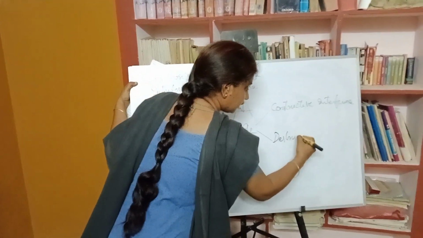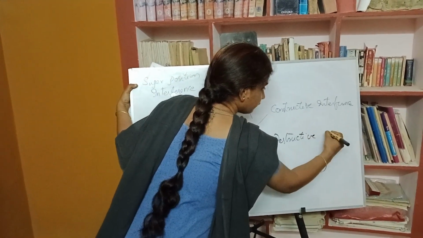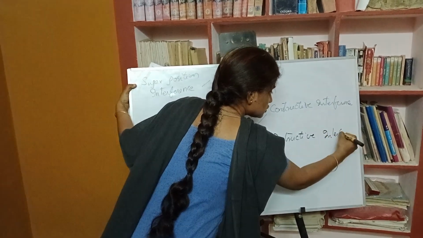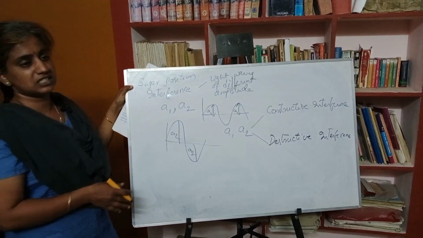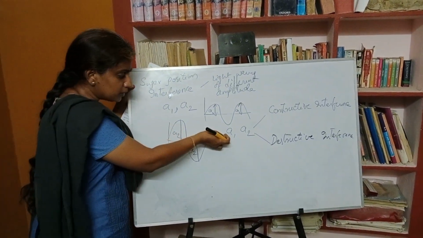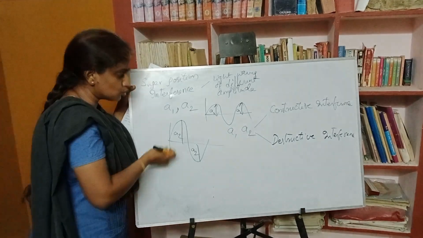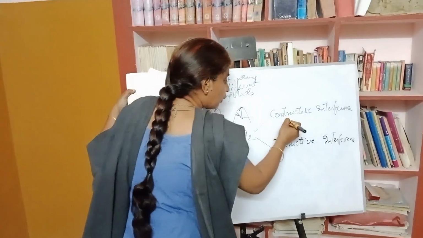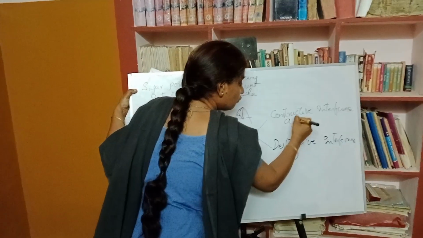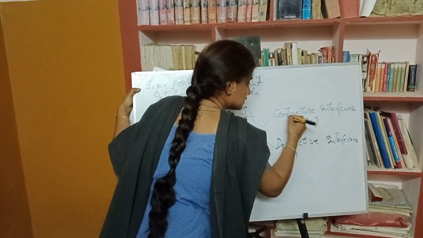So constructive and destructive. What is constructive interference? The resultant intensity which is coming from the superposition of these two waves with amplitudes A1 and A2 will be equal to the sum of these two intensities.